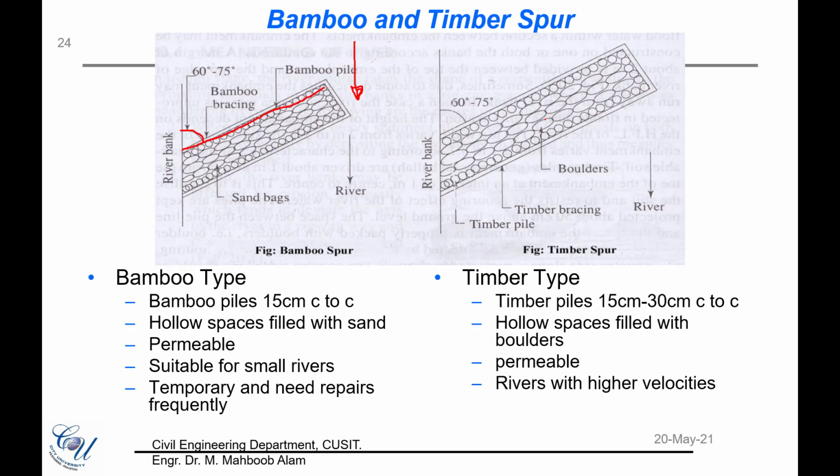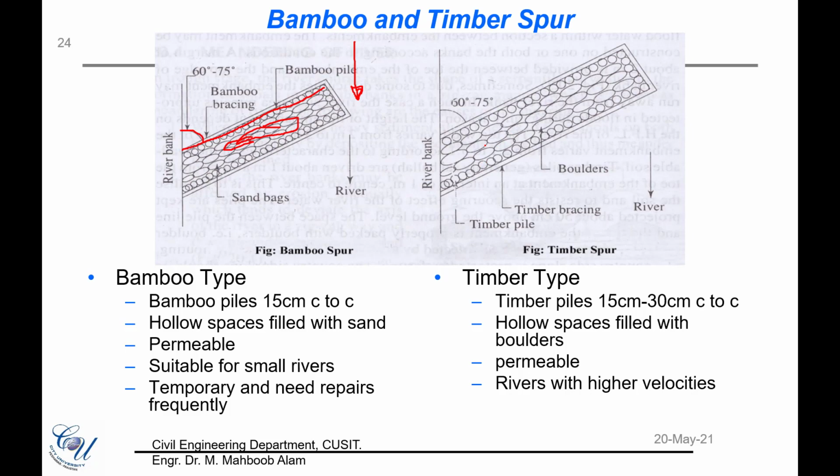They are also installed in comparatively larger rivers, and the spaces between these timbers are usually filled with boulders. As compared to the bamboo type, where the hollow areas were filled with sand or other loose material, in the case of the timber type they are usually filled with heavy boulders, so that they can be maintained for a long period of time.